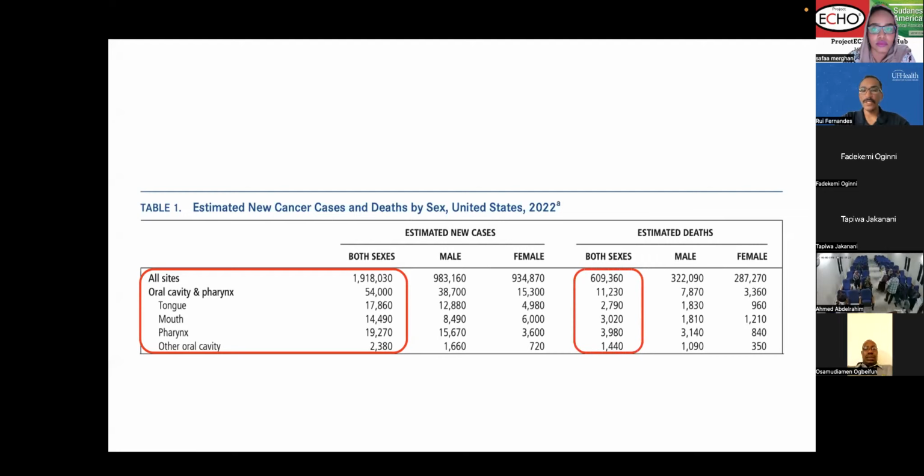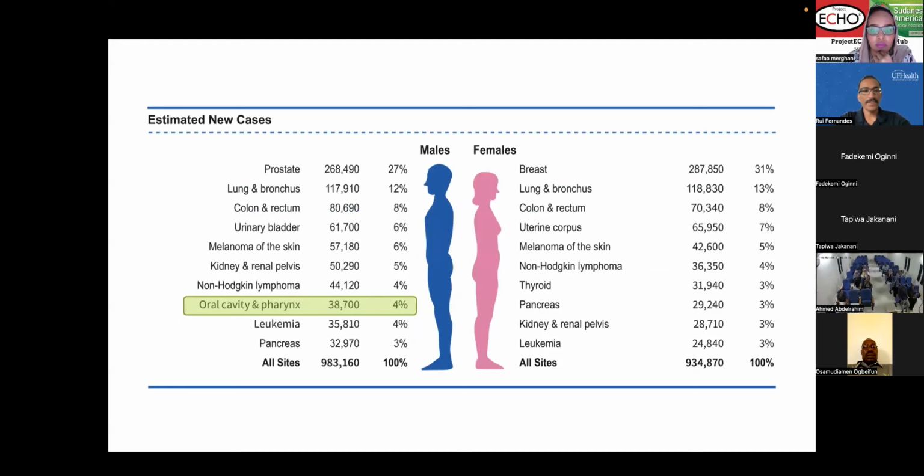When you look at deaths, that is also an important statistic to look at, and you can see that it remains a problem. Now, of the top 10 cancers that affect both sexes, oral cavity for males does make the top 10. It's number 7, which in itself is a problem.